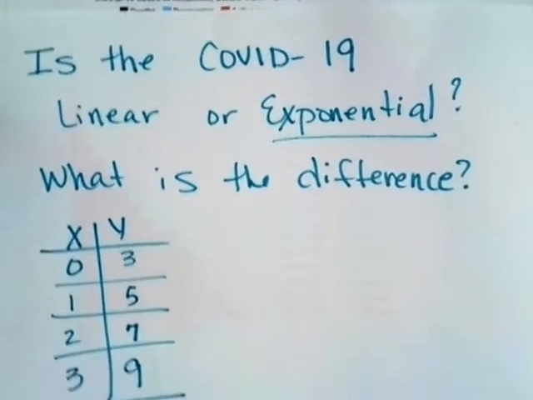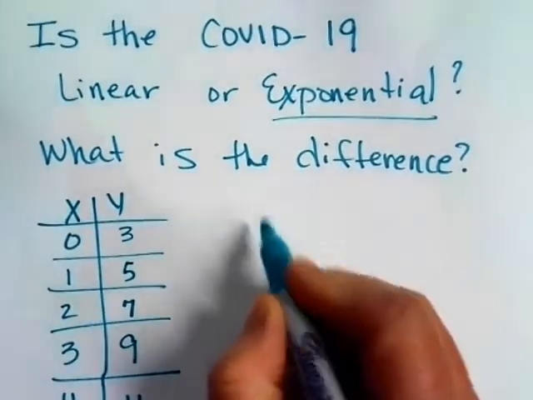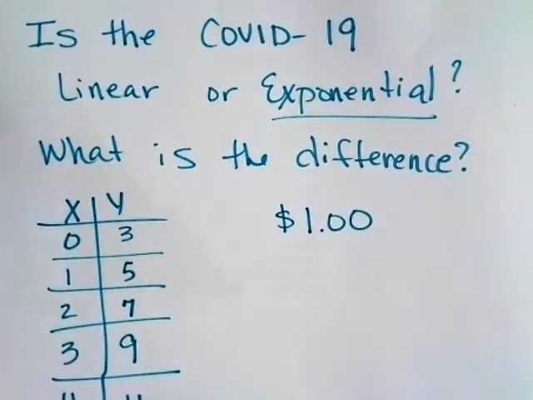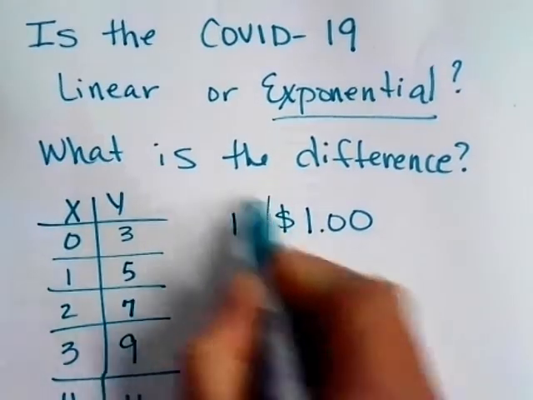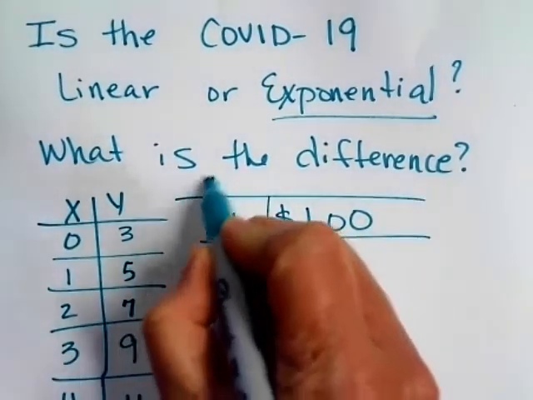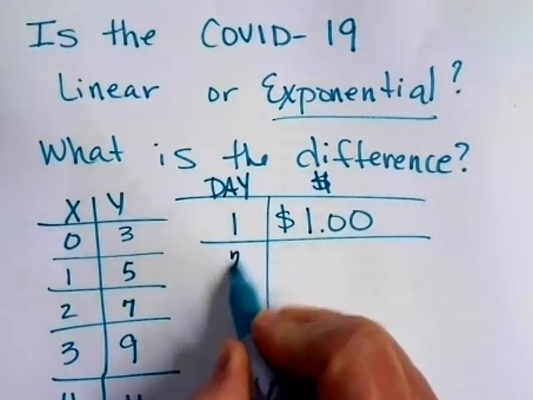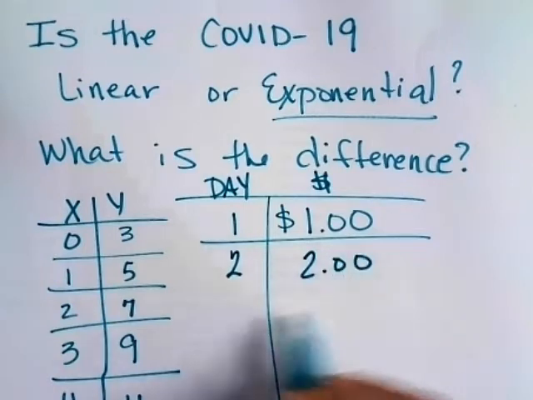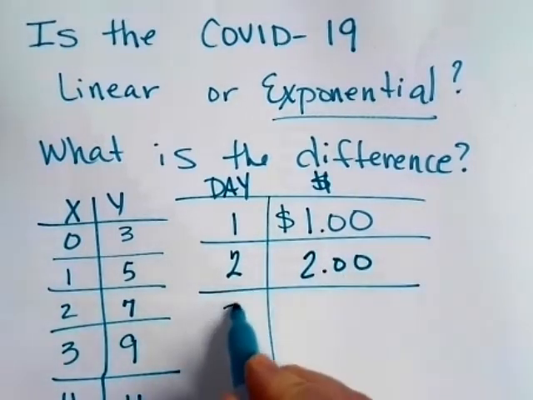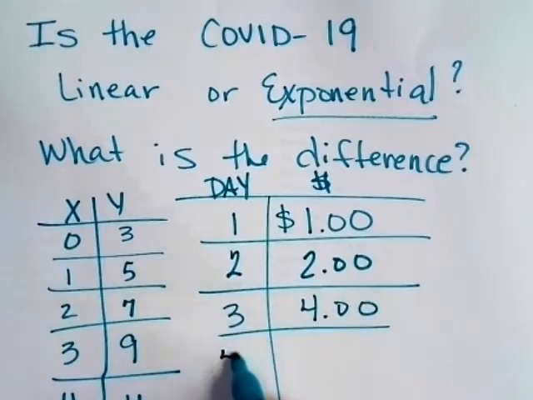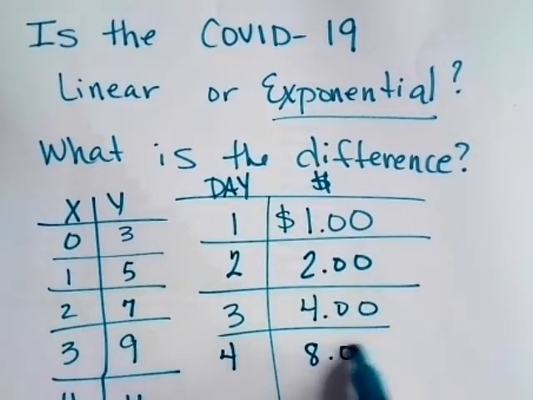Exponential would be a situation like, let's say that you start out with $1. And this is on day 1. You have $1. And this is your money, and it's going to double every day. So on day 2, you're going to have $2. On day 3, you're going to have $4. On day 4, $8.